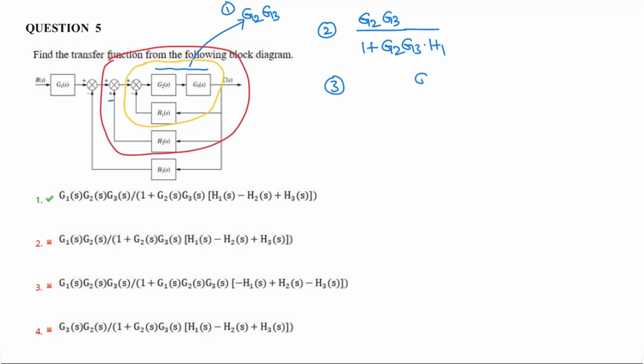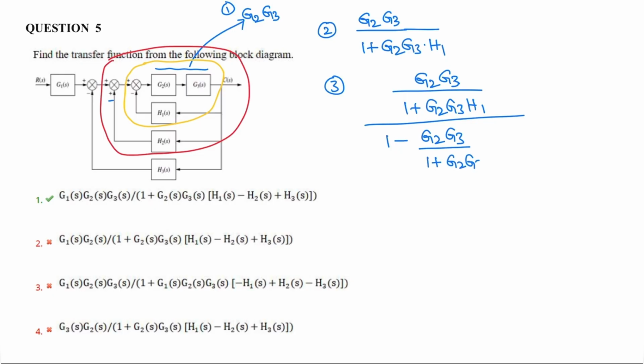Now the resultant transfer function is G2 G3 by 1 plus G2 G3 H1 as numerator, by 1 minus G2 G3 by 1 plus G2 G3 H1 into H2 of S. This is the resultant transfer function for the positive feedback system.